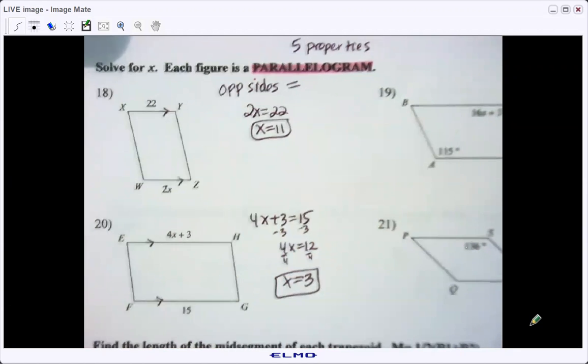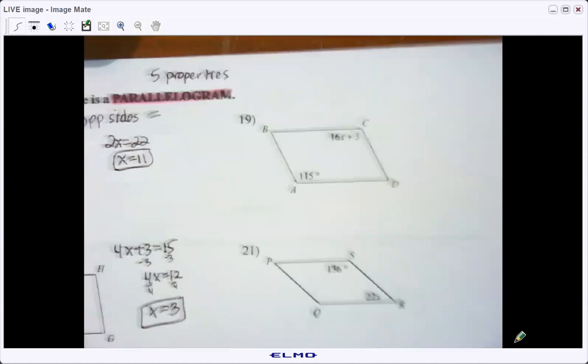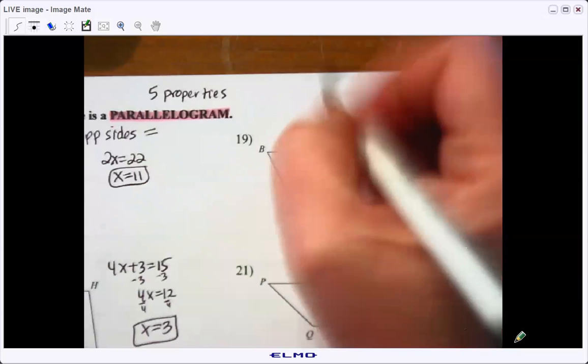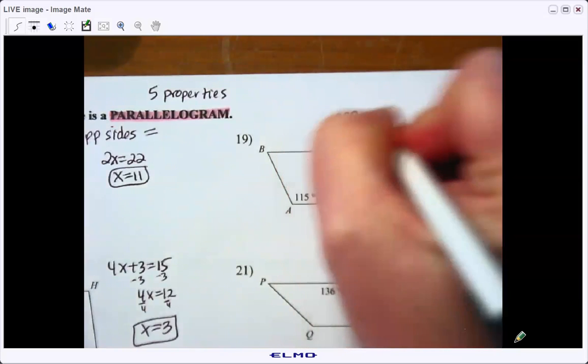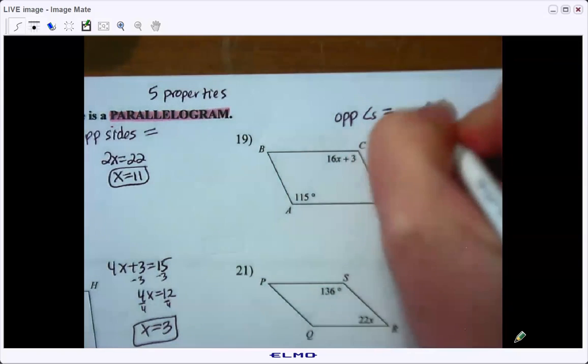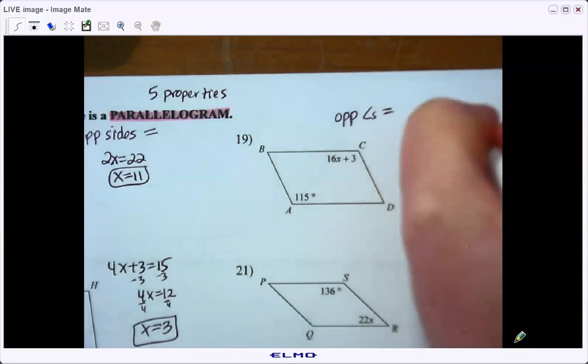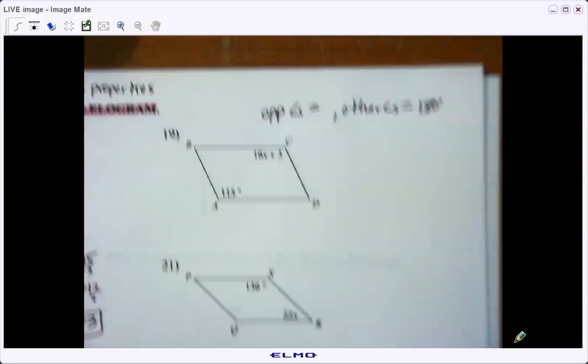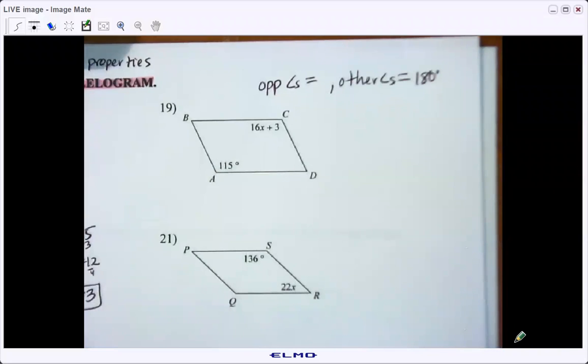19 and 20, we're dealing with the angles, just like we did with the last quiz, assignment number 38, that some of you haven't taken yet. So we know that opposite angles are equal. The other angles equal 180.